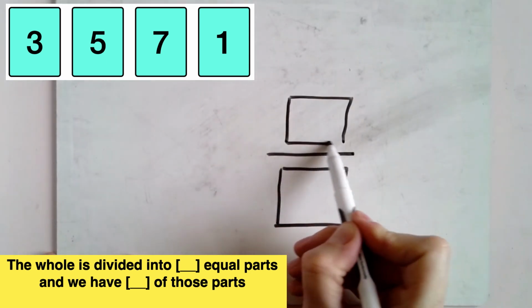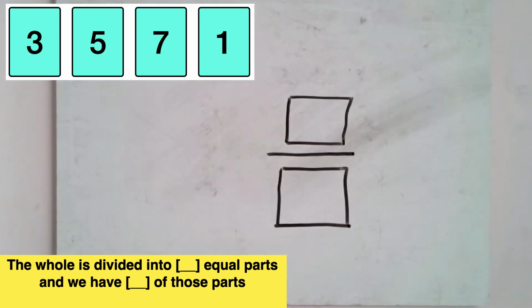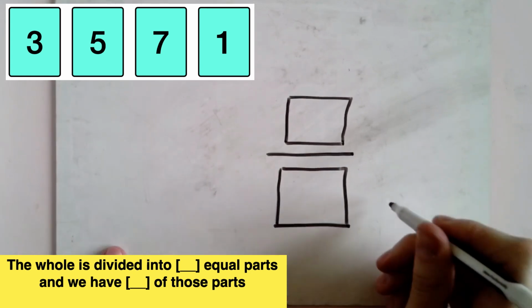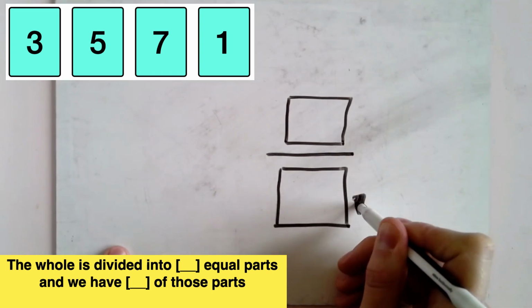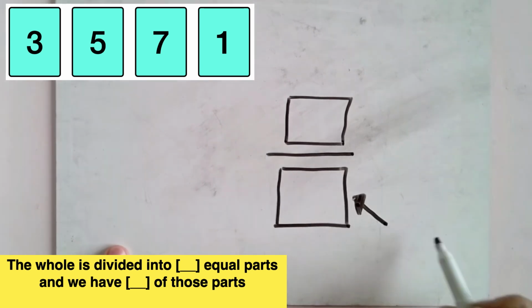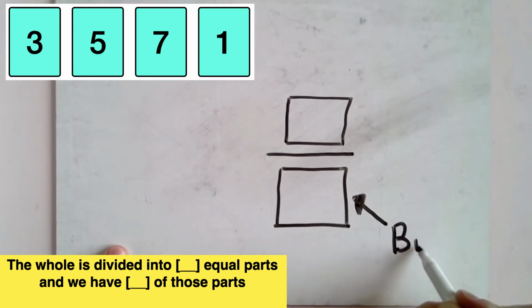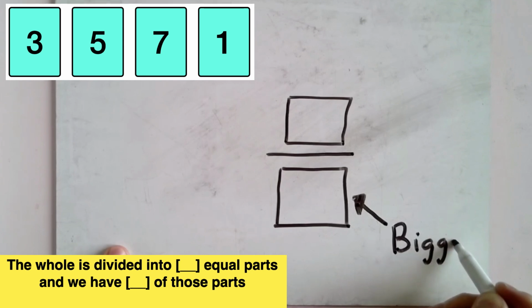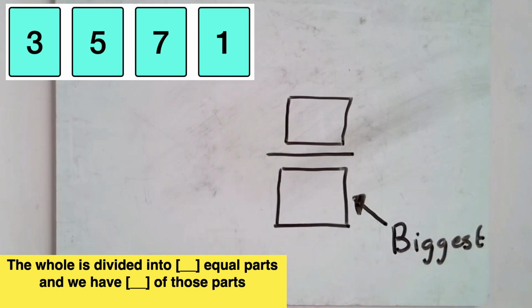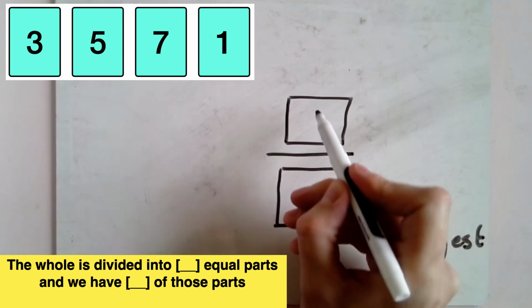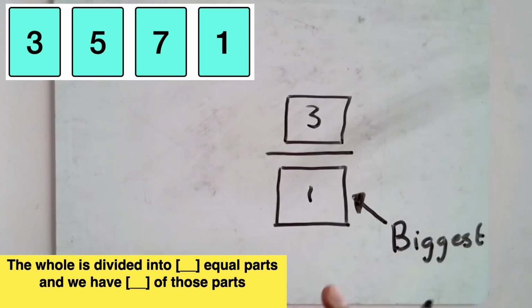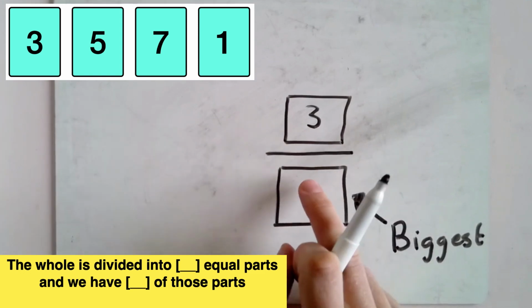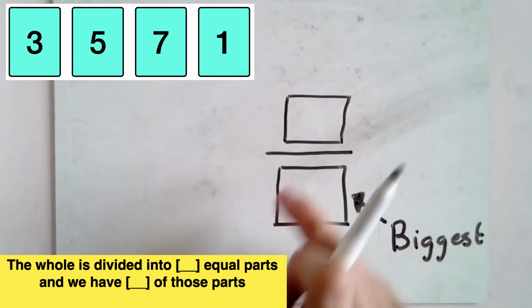Now you can pick any of those numbers to make as many fractions as we can, but the only rule I've got is that the denominator, the number at the bottom, the number that we divide into equal parts, has to be the biggest number. So if I look at those, I can't have 3 on the top and 1 on the bottom. I can't have that because 3 is a bigger number than 1. So I have to just have a look at how many I can make.